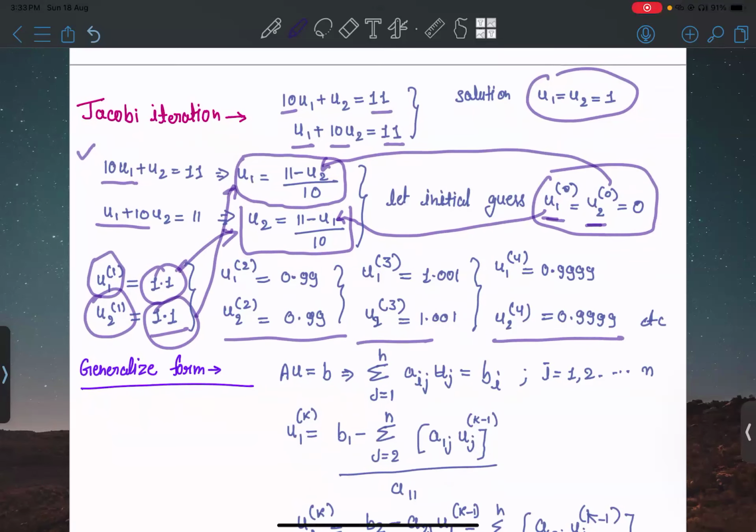Suppose my stopping criterion epsilon is 0.00001. Once the absolute value of u1 at the k plus 1th iteration minus u1 at the kth iteration is less than this, I will stop.